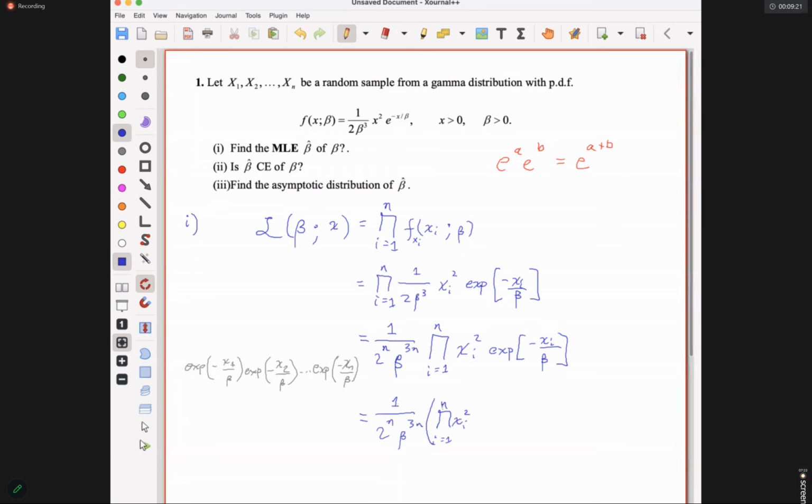That's just going to stay as it is. But then this exponential turns into the exponential of negative sum from i equals 1 to n of xi over beta.